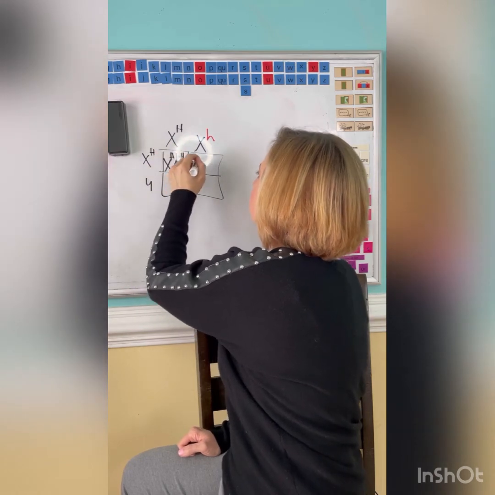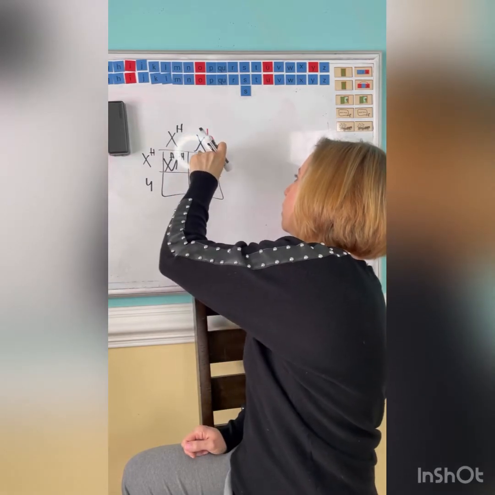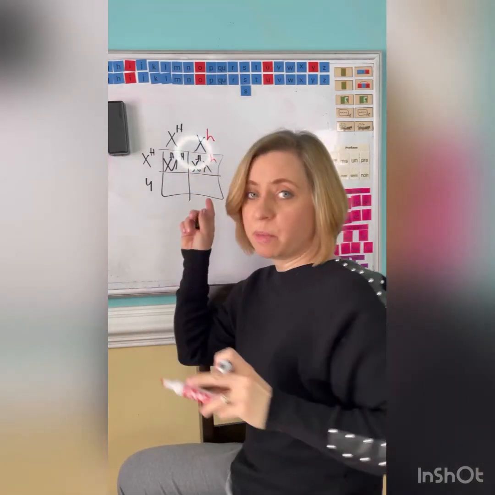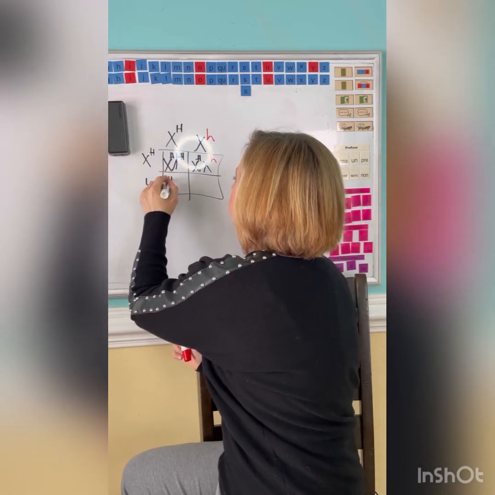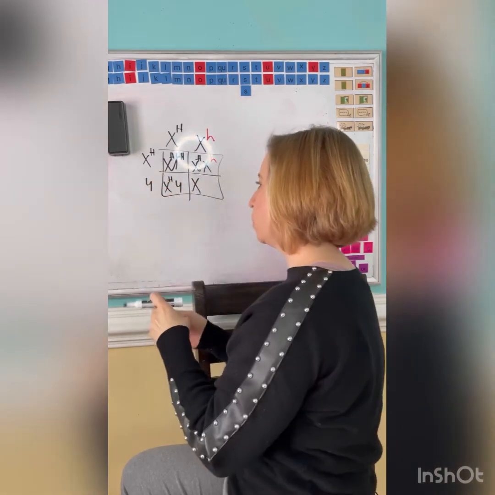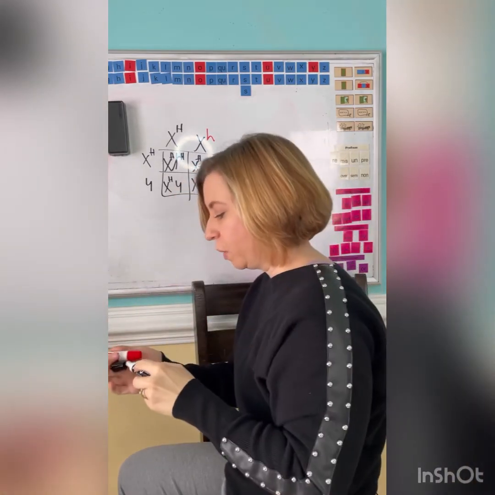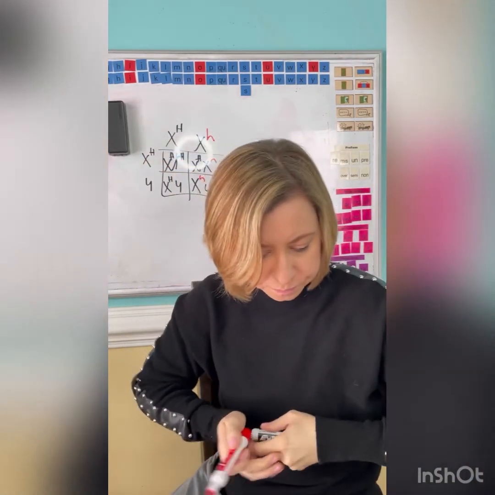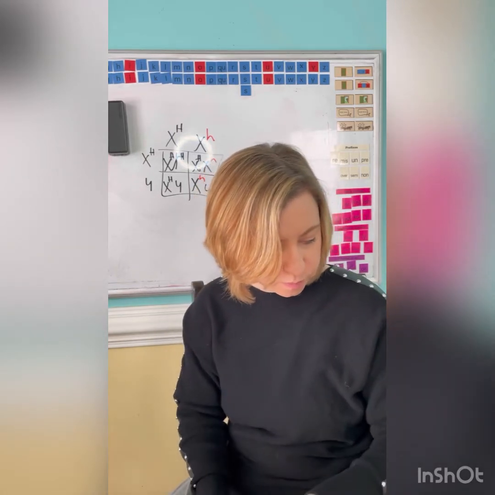So we have a 50% chance of having a female who is a carrier, and a 50% chance, again, of having a male who has hemophilia. So that is what the experiment looks at here.